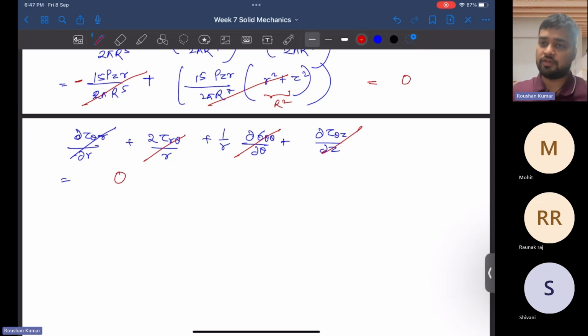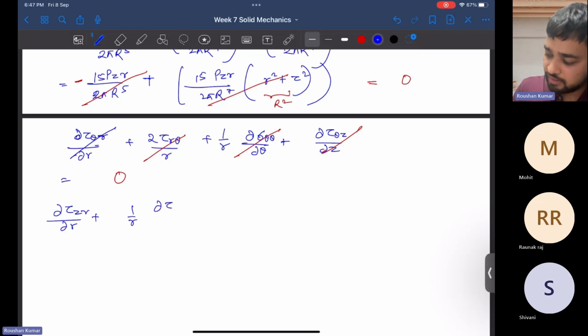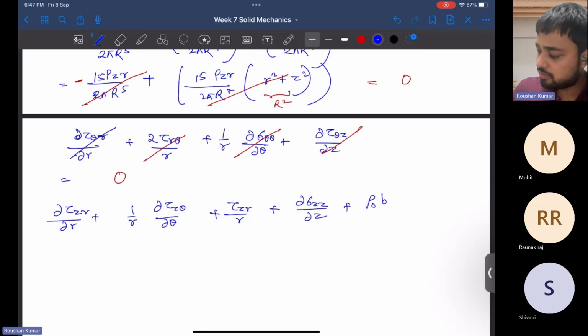And the last equation of equilibrium is the equilibrium equation in z direction. We have to satisfy del tau zr upon del r plus 1 by r del tau z theta upon del theta plus tau zr upon r plus del sigma zz upon del z plus rho naught bz equal to 0.